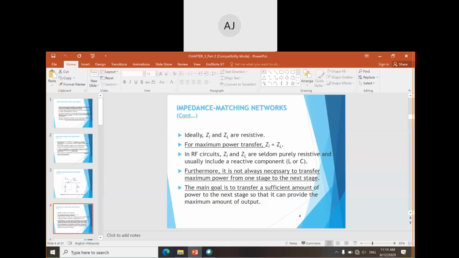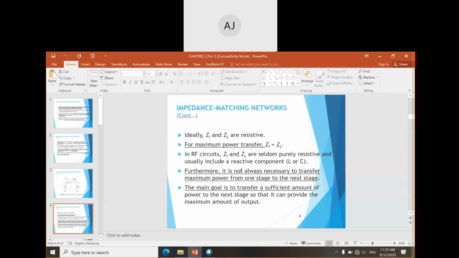However, it is not always necessary to transfer maximum power. We need to transfer sufficient power, the necessary power for every stage, every component in the transmitter. It doesn't mean that from the oscillator we need to transfer high power to the photodetector. No, just enough power.